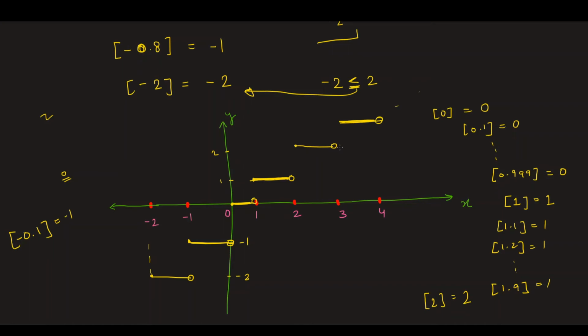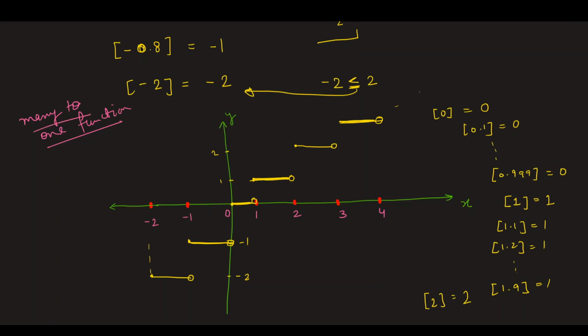So just to sum up, or just to note a few points about this function, we can see that this is a many to one function. What does this many to one mean?